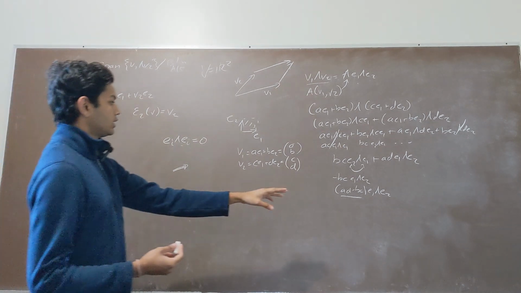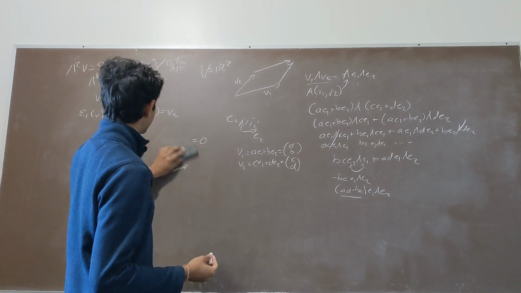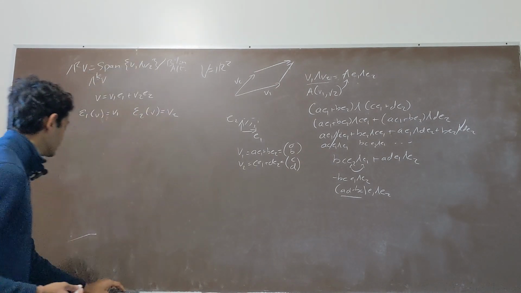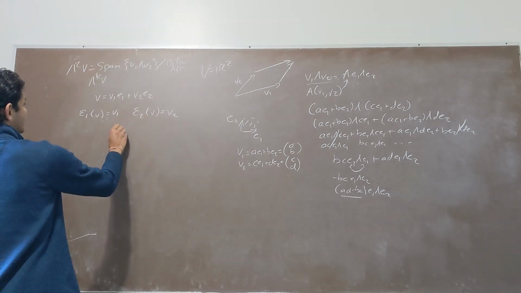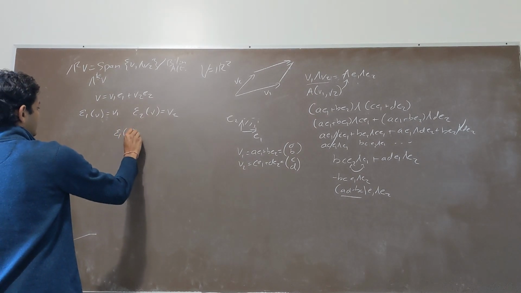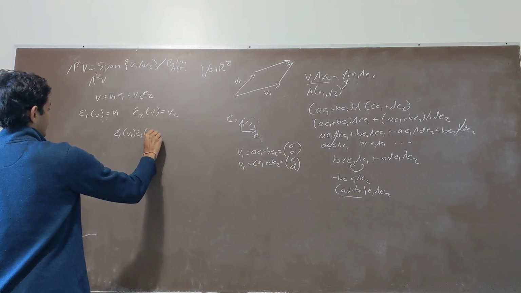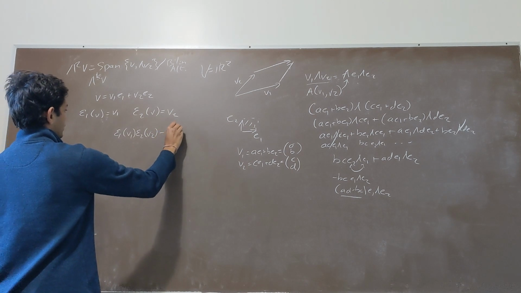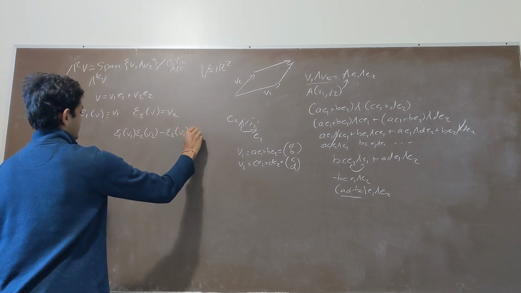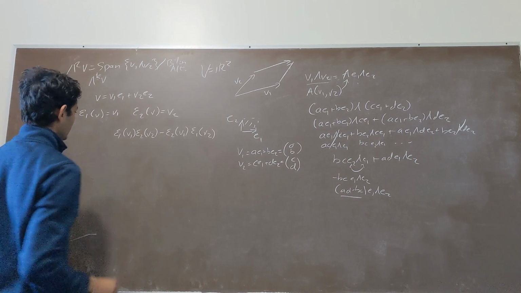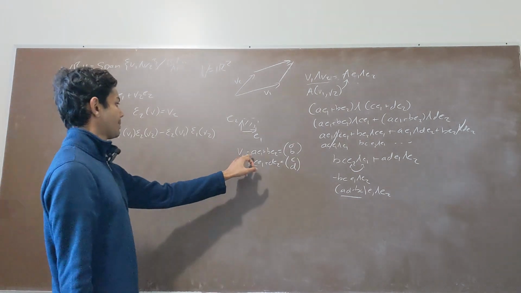So we can rewrite our expression AD minus BC as the following. We can rewrite it as epsilon 1 V1, epsilon 2 V2, minus epsilon 2 V1, epsilon 1 V2. And the reason is, well, just compare what's going on here.